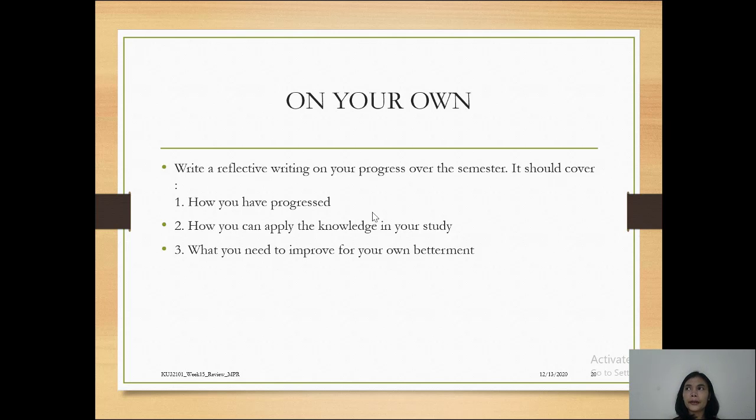For example, I have to learn at least 15 vocabulary a day only for English. That's the only way I can improve myself, for example. So this is an individual piece of writing on your progress over the semester. You definitely cannot copy your friend's work, because your friend's progress is definitely different from your own progress.